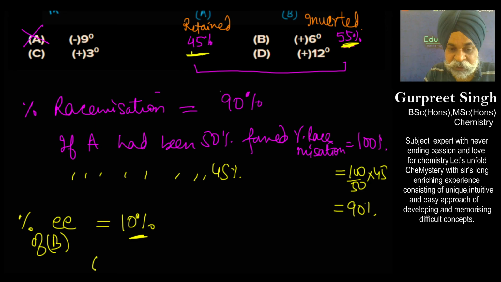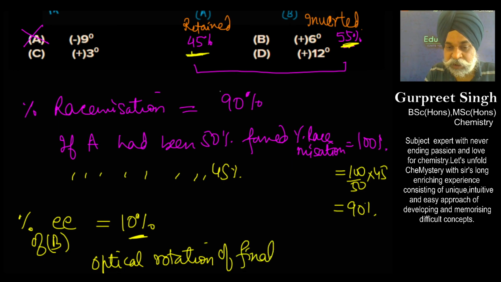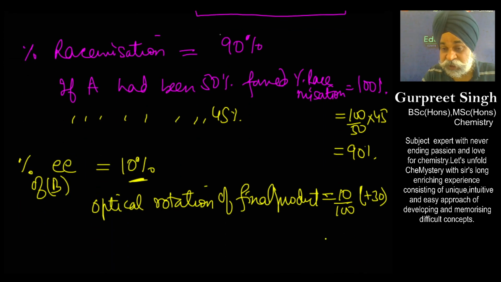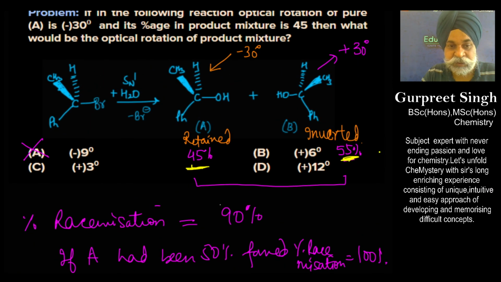So the optical rotation of the final product would be 10% of plus 30, and 10% of plus 30 is plus 3 degree. So plus 3 degree is the answer. The answer to this question should be C.